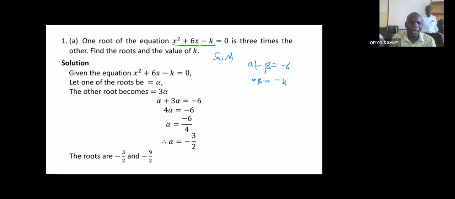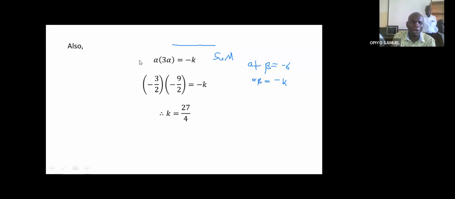And the second part requires that we determine the value of k. The value of k is got from the product of roots. Initially, I represented them by alpha beta, so alpha beta equals negative k. But now beta is 3 times alpha, so we have alpha times 3 alpha equals negative k.